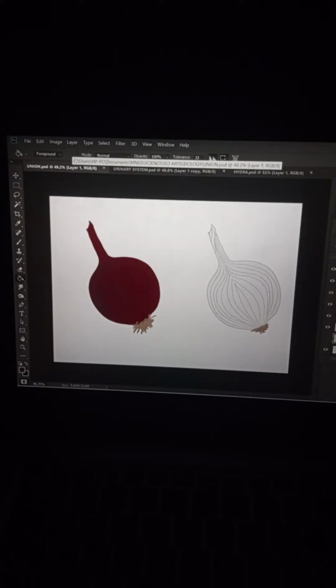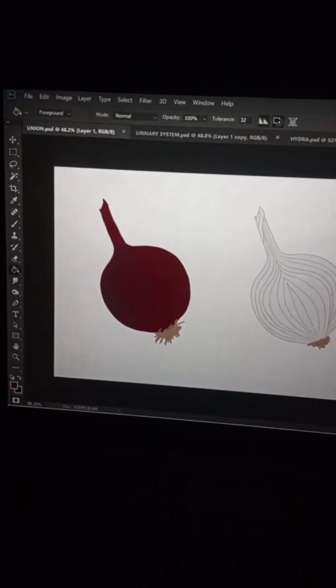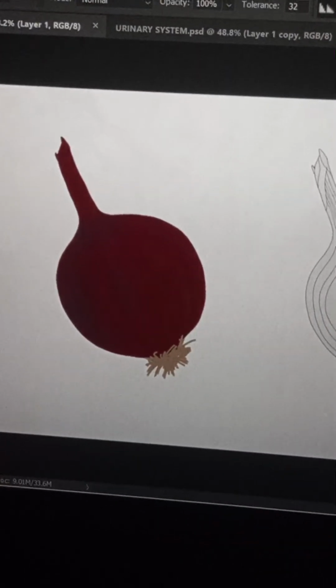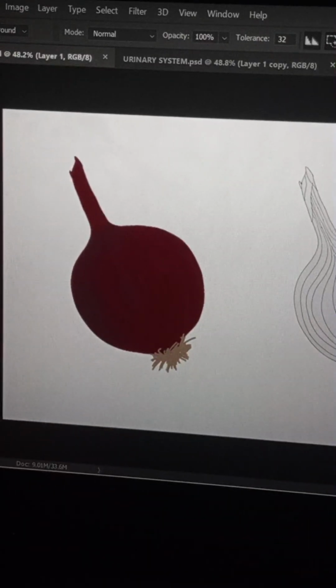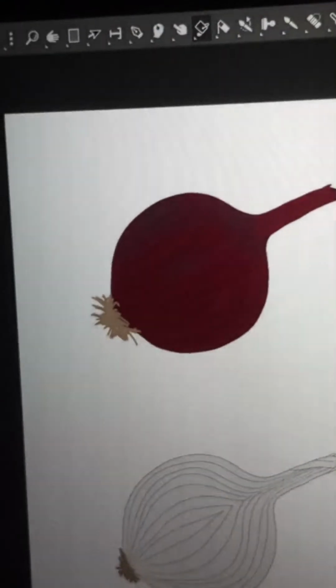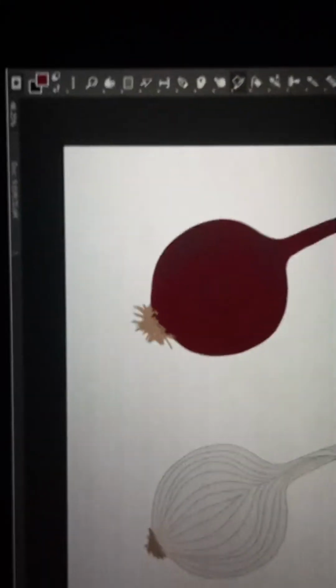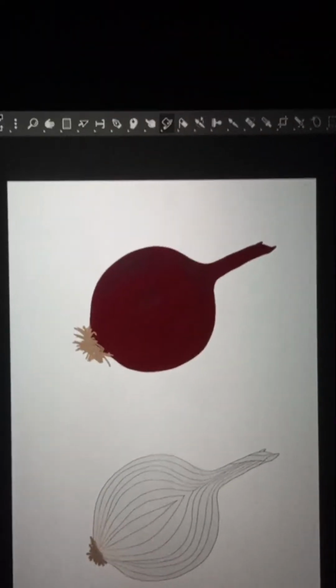And this onion bulb, maybe you cannot see it clearly here, but this is an onion bulb. It is there for the biology lesson.